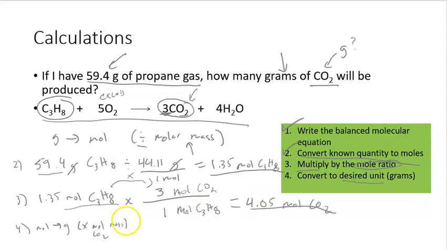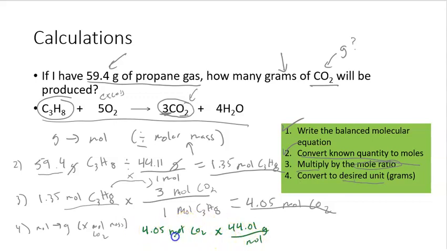So this would look like, final step here, 4.05 moles of CO2 times, because in this case I'm going from moles to grams, which means I multiply by the molar mass of CO2, so 1 carbon plus 2 oxygens is 44.01 grams per mole, right?